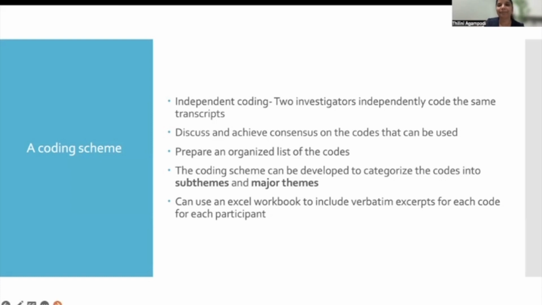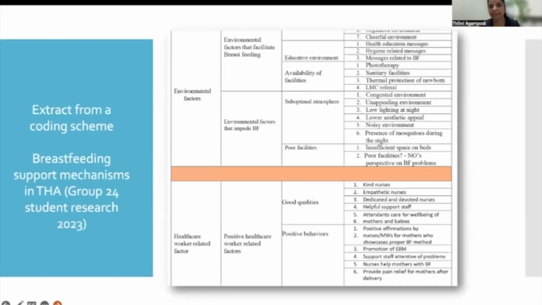So we see, now this is part of a coding scheme, which I mentioned, from the breastfeeding study done by medical undergraduates. So these are the lists of codes, you see, right? You see they have categorized the codes into sub-themes.